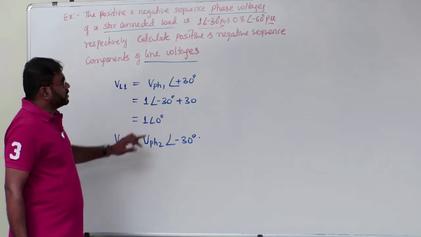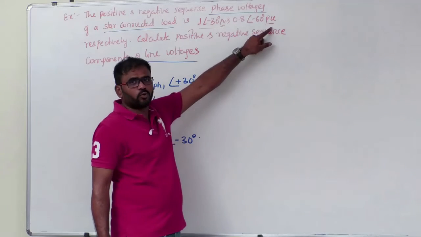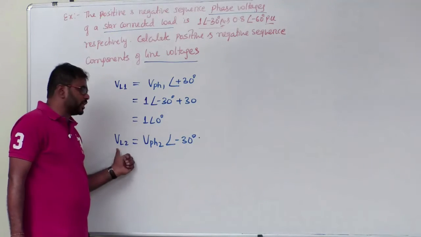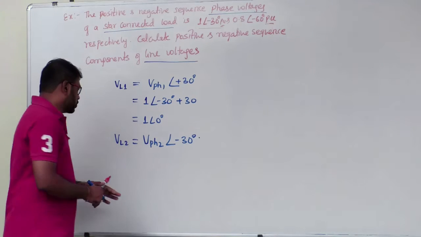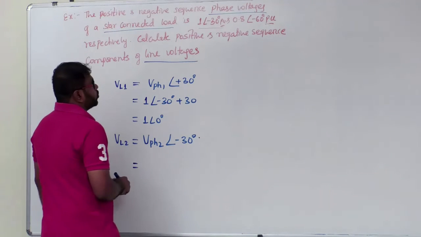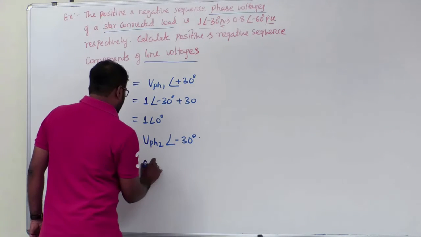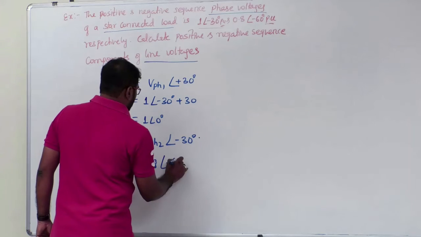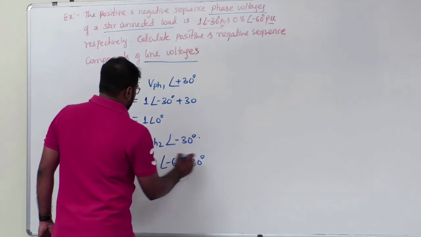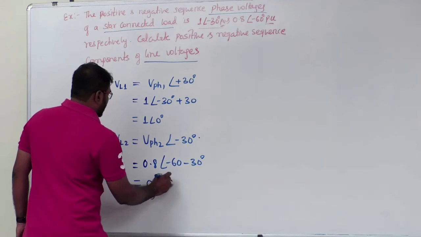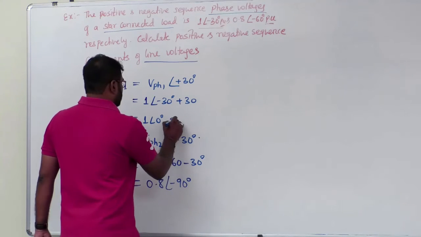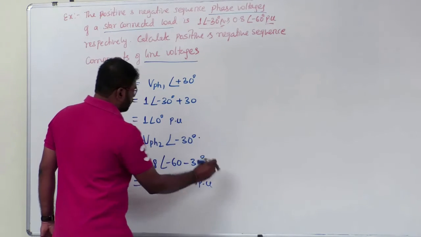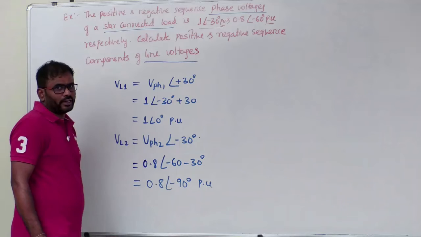No, it will not come, because he has given per unit phase voltage. So line voltage in per unit equals phase voltage in per unit at an angle minus 30 degrees. So what do I get here? V phase 2 is 0.8 at an angle minus 60, minus 60 minus 30. So 0.8 at an angle minus 90 degrees in per unit. So these are the final answers.